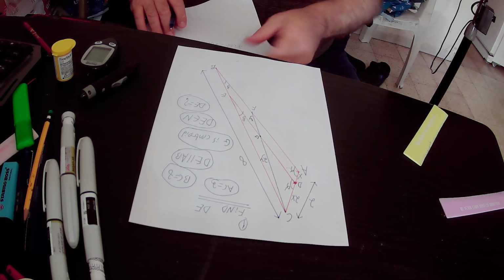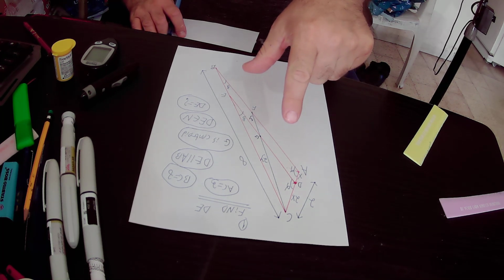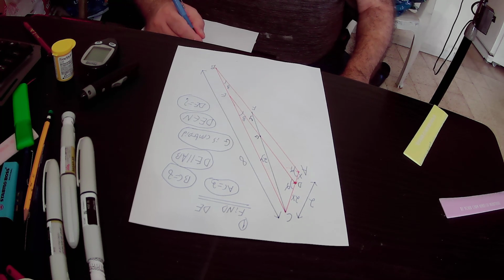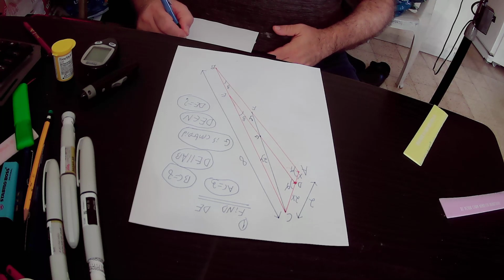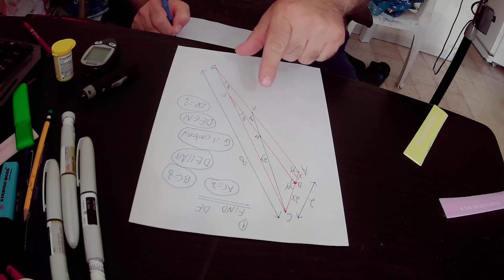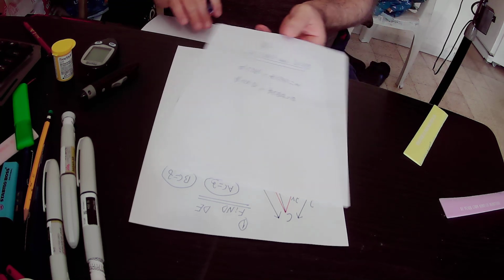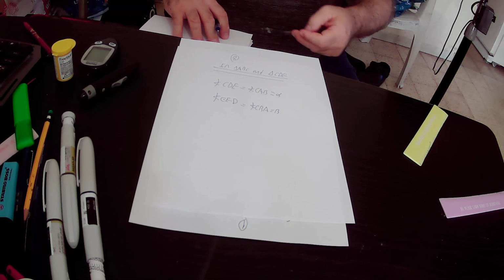Okay, angle CDE equals angle CAB equals alpha. And we also know that angle CED is equal to angle CBA, and both those two angles are equal to beta.